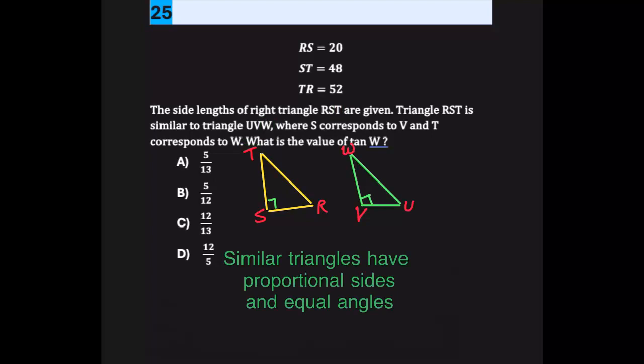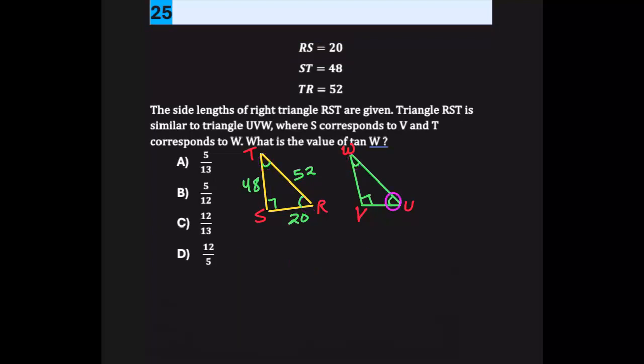Let's label the sides. The longest side is the hypotenuse, which is going to be 52, and the smallest is going to be the base, which is opposite to the smallest angle. So we're going to have 20 here and 48 here. So this angle is equal to this angle, and this angle is equal to this angle. Okay, so the question is asking what is the value of tan W, which is this angle.